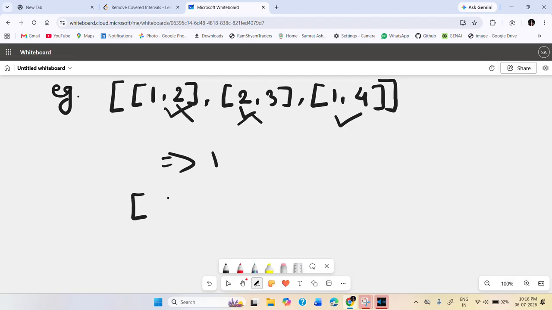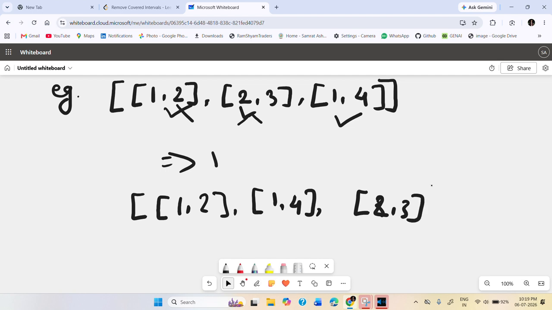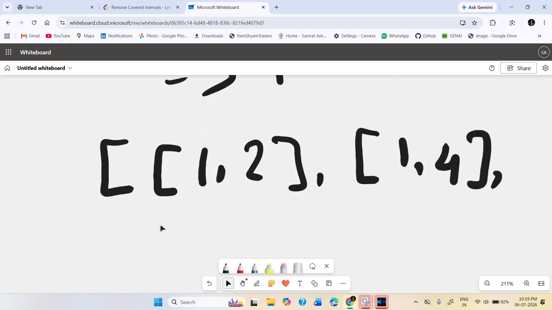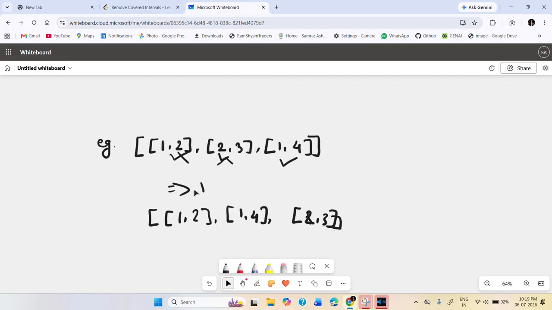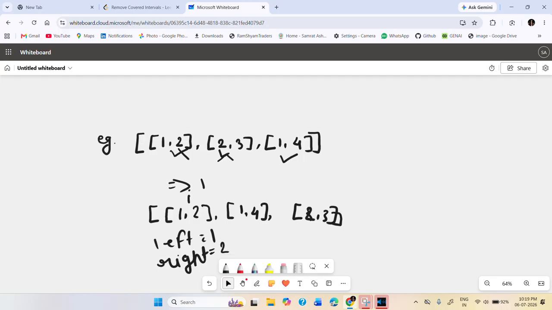It will become 1 comma 2, 1 comma 4, and 2 comma 3. Now put the pointer i here; the value of left is 1 and the value of right is 2.